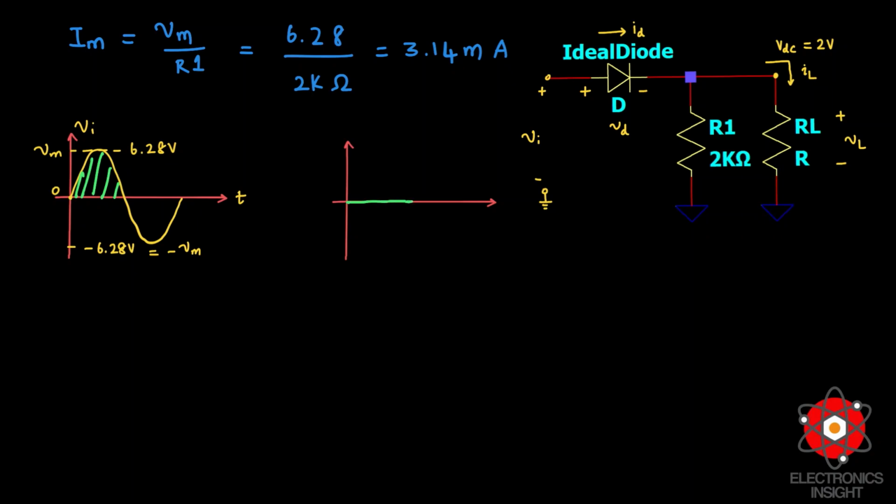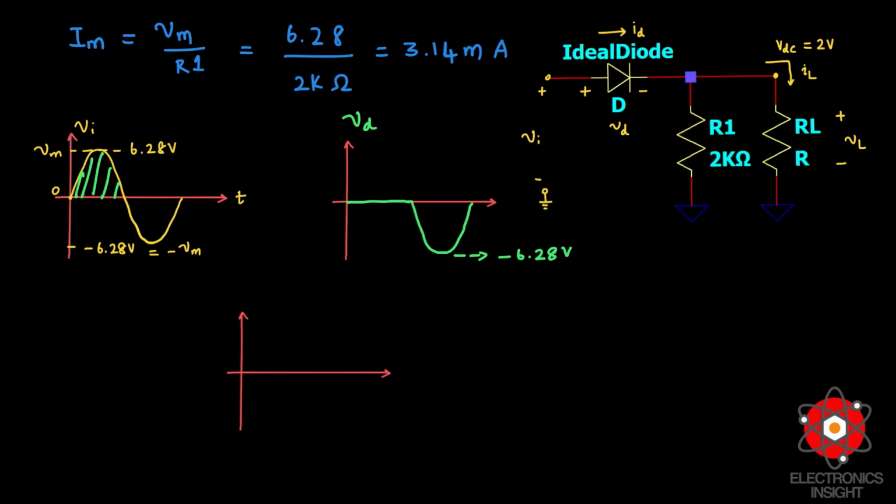So VD, the voltage across the diode, will be 0 during the positive half cycle of the input. During the negative half cycle, the diode does not conduct, but the voltage across the diode will be minus VM. We plot this here, and it is minus 6.28 volts.